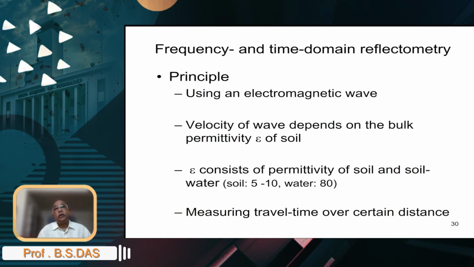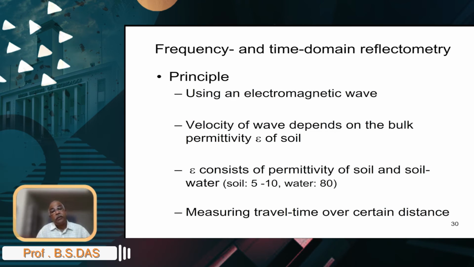For example, silicon dioxide, for example, the quartz, the dielectric constants are in the order of about 5. So depending on the composition of the soil, the dry soil has a dielectric constant of about 5 to 10.